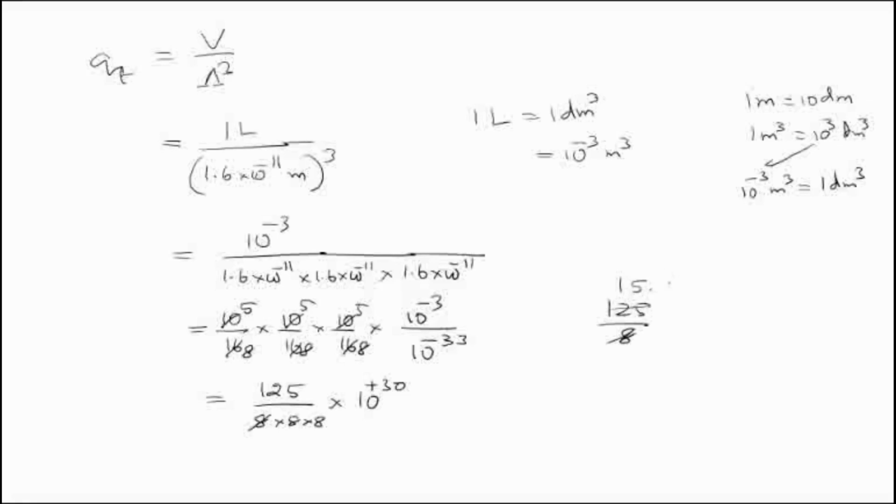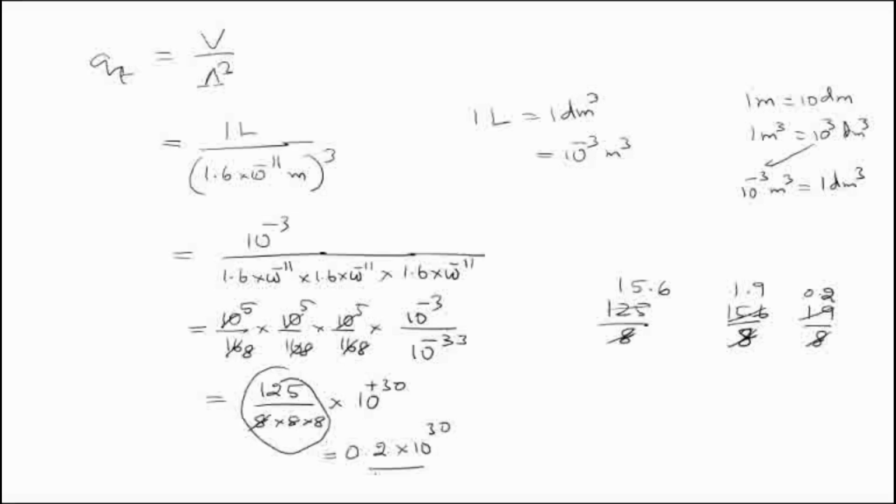Balance 5, 50, 15.6. Divide 15.6 again by another 8. 1 8s are 8, balance 7.6, so roughly 1.9. Then 1.9 by another 8, 0.2. So this comes out to be roughly 0.2 into 10 power 30, or otherwise 2 into 10 power 29.